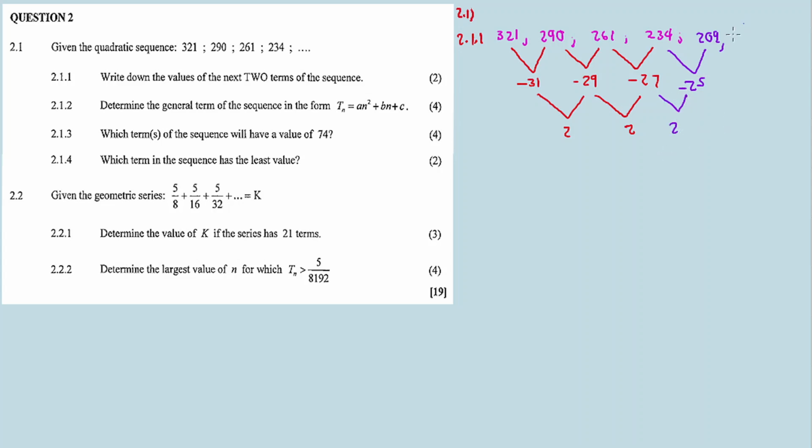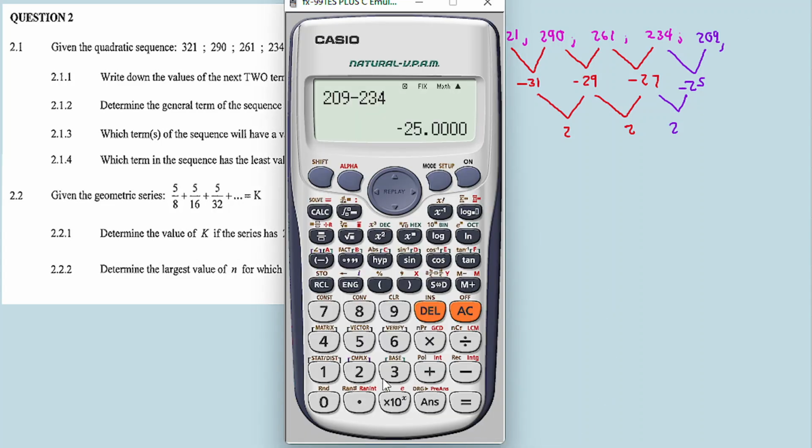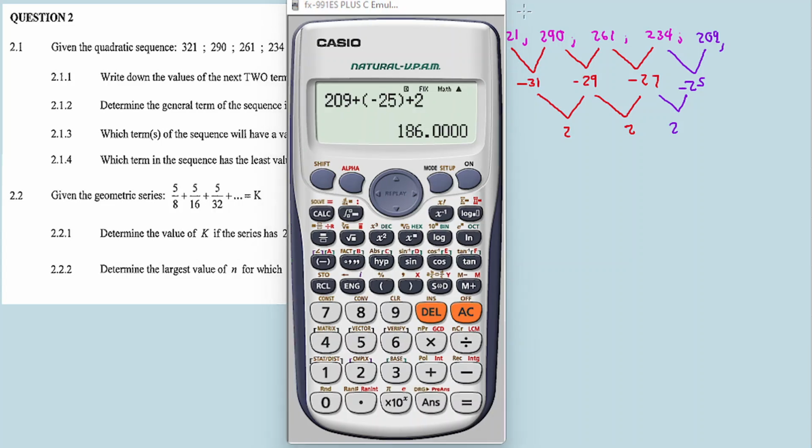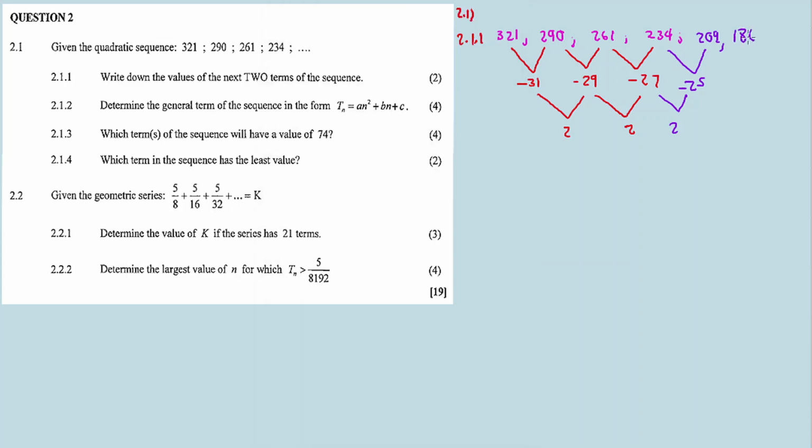And then in order to find the second term, sizoti 209 plus negative 25 plus 2, this is equal to 186. So these are the next two terms on this quadratic sequence.